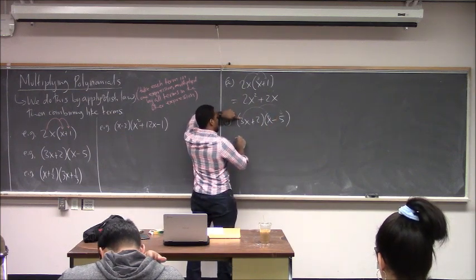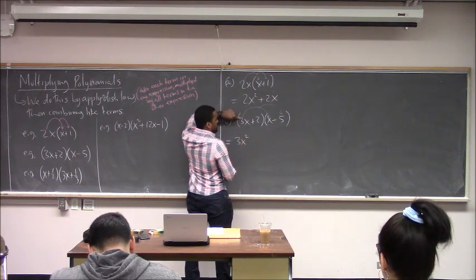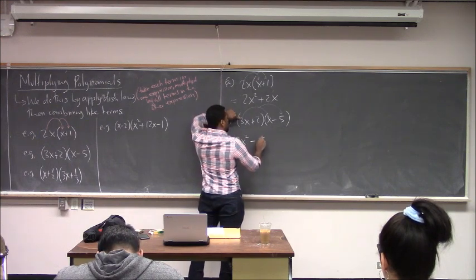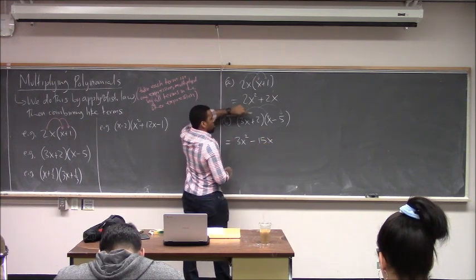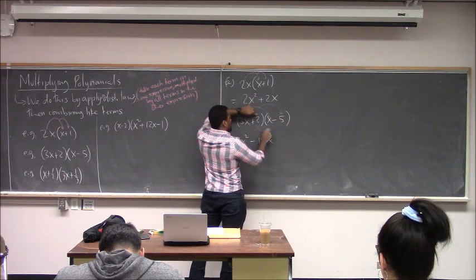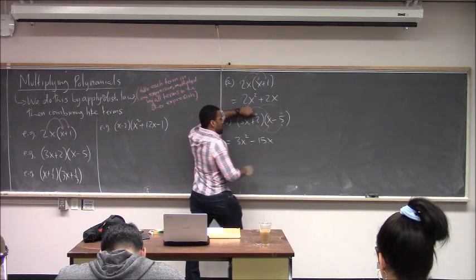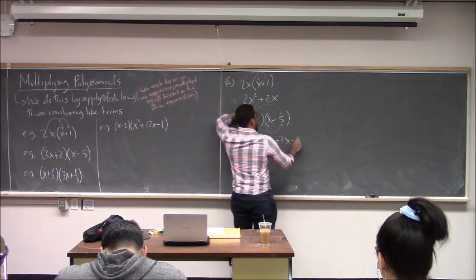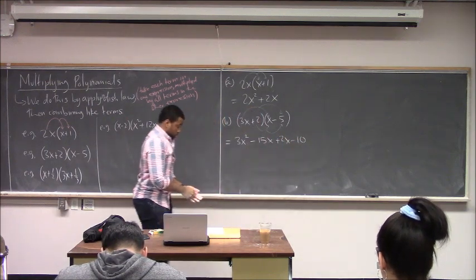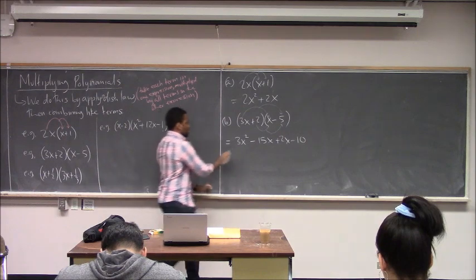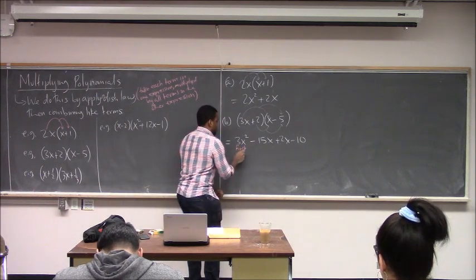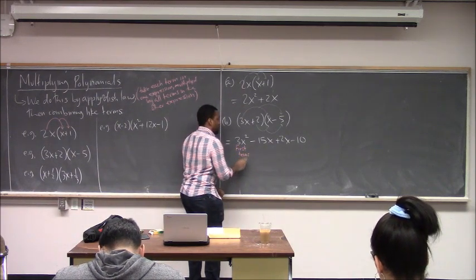It's going to be 3x squared minus 15x. Then I'm going to move into the middle, multiply this, and multiply that. Take the 2 and multiply everybody over there. Plus 2x minus 10.